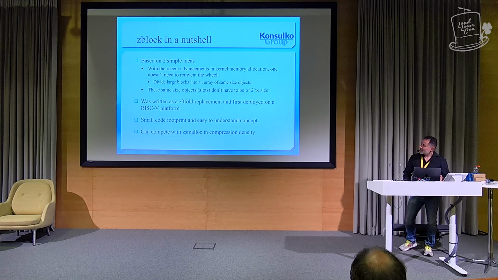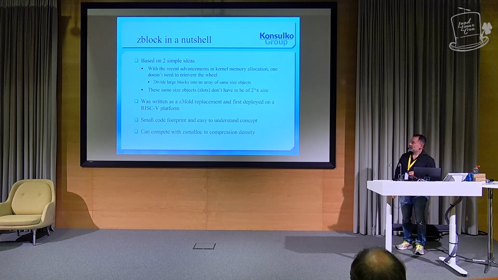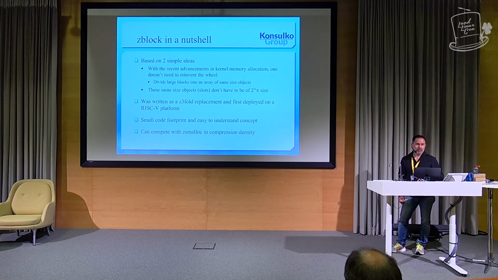And the second idea is that if we divide large blocks into an array of same size objects, which pretty much every such allocator is doing, then these objects really don't have to be of a power of 2 size, because it's just not optimal.